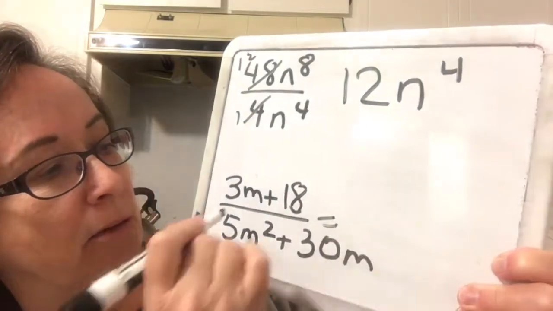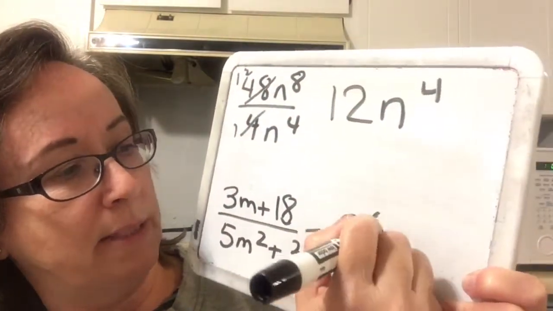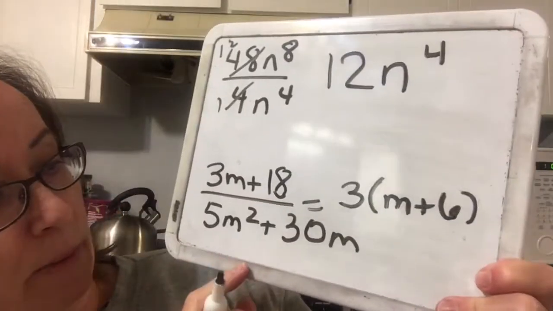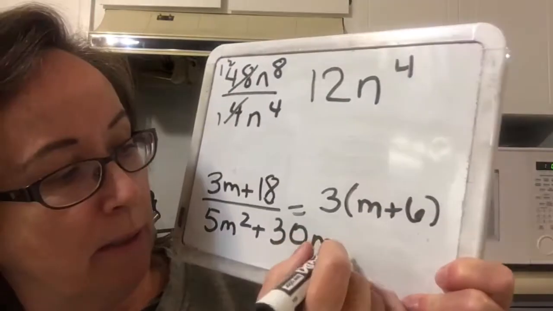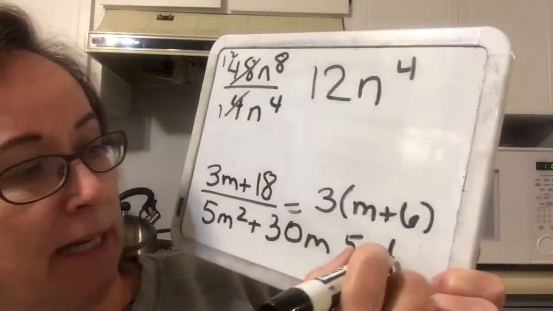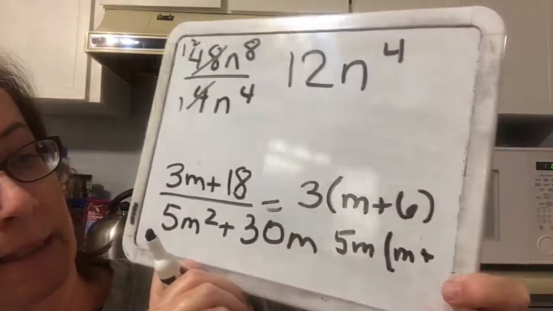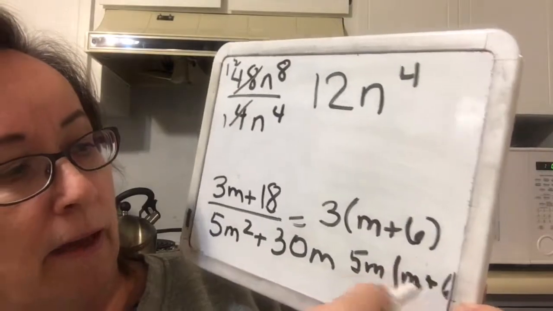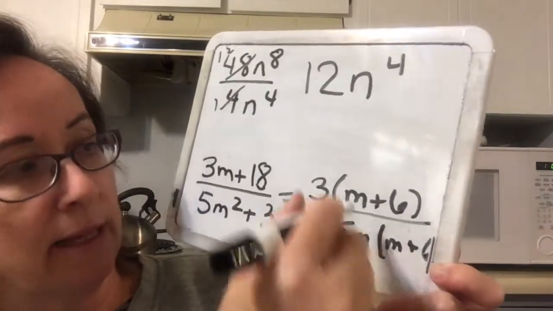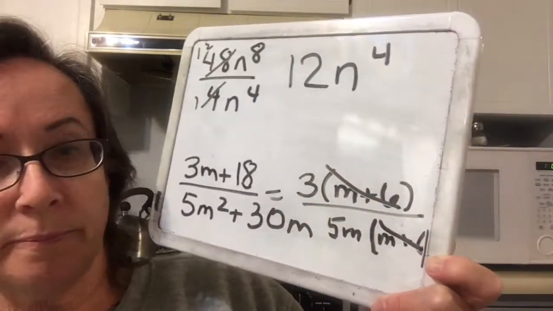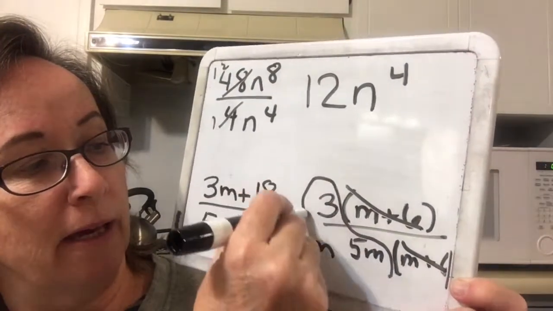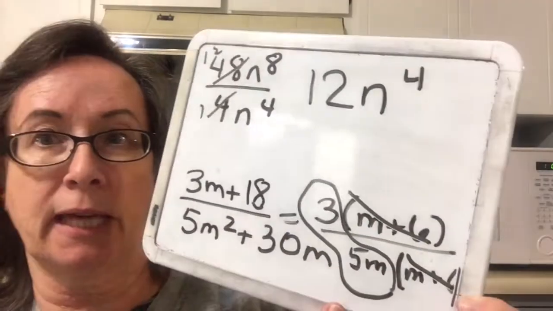So the numerator is going to become 3 times m plus 6, and my denominator, I'm going to pull out a 5m, and when I pull out a 5m, I get an m left and a plus 6. Okay, so I get 3 times m plus 6 over 5m times m plus 6. The m plus 6 will cancel, and I'm going to be left with 3 over 5m as my final simplification of my rational expression.